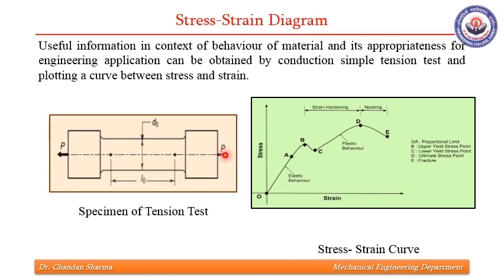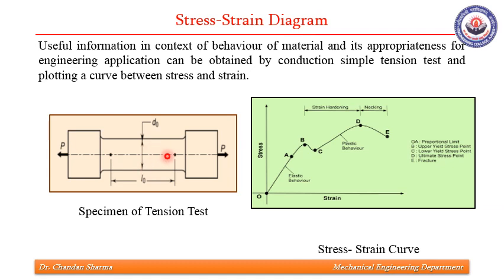When we apply the load and we know the initial area, this load divided by area is stress. When the load is increased, the diameter will reduce and length will increase. So change in length over original length is strain, and load over the reduced area will be stress, which, since the denominator is reduced, will be more.